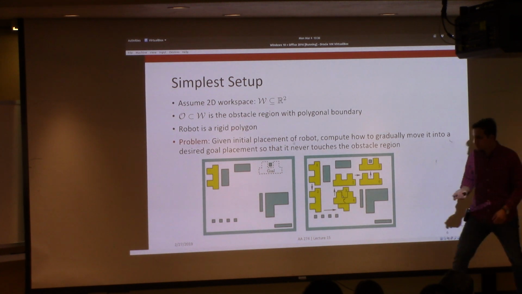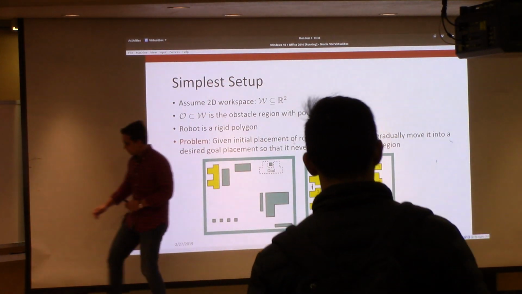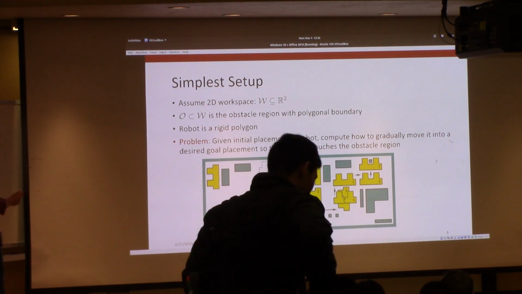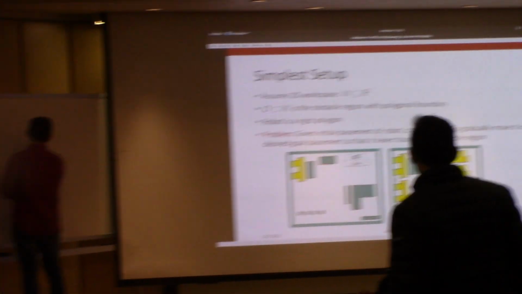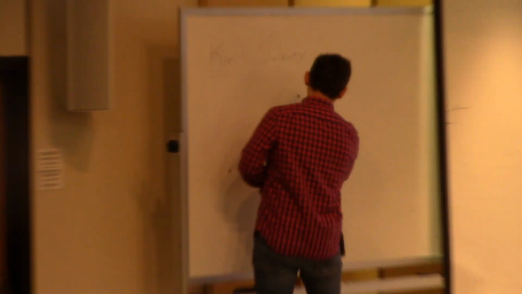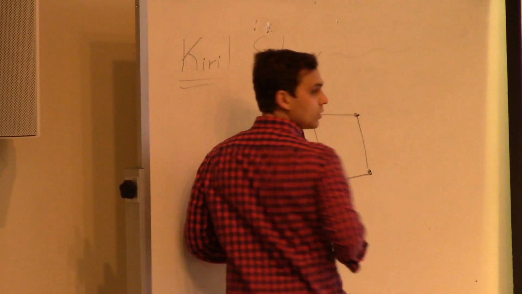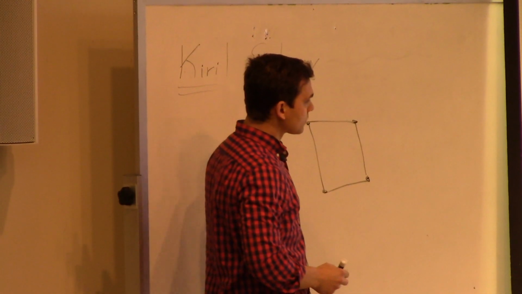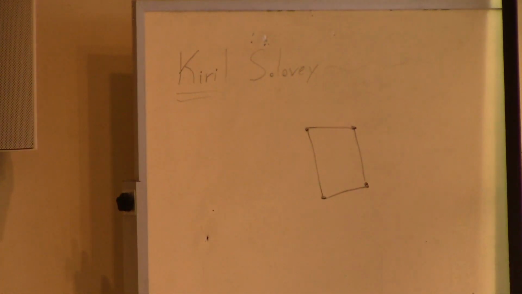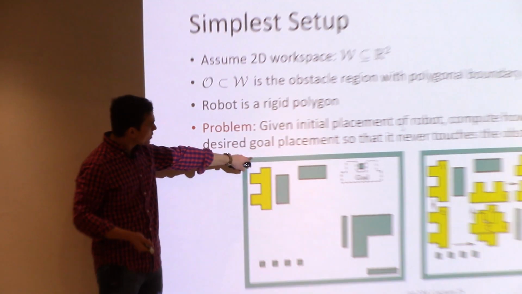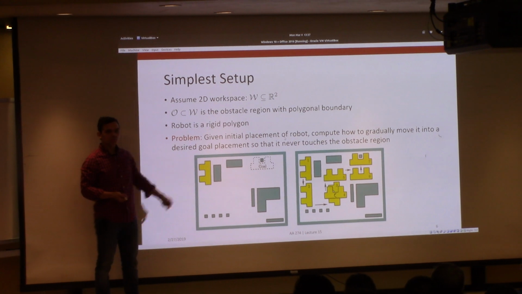A polygon is simply a set of vertices that are connected by straight line edges one to another. Okay? So the input for this problem will be a set of polygons that represent the workspace of the environment.